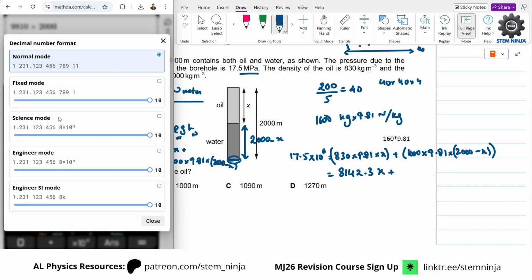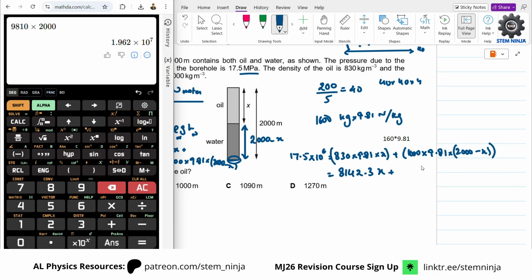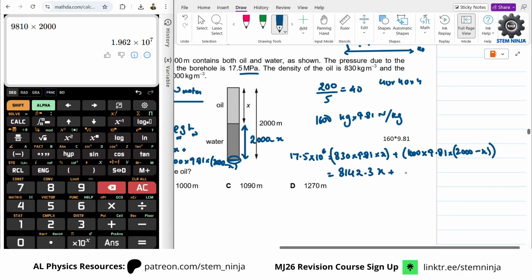I don't want to use the full number, so this is going to be 1.962 times 10 to the power 7 minus 9810x. And this is equal to 17.5 megapascals.